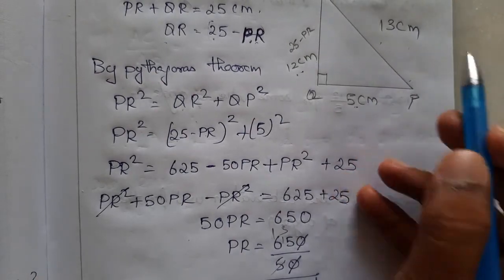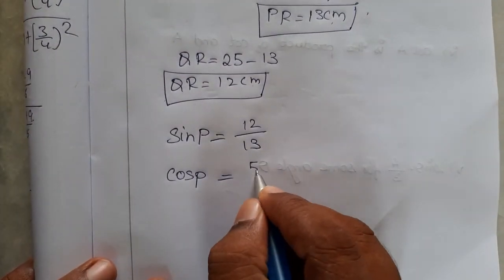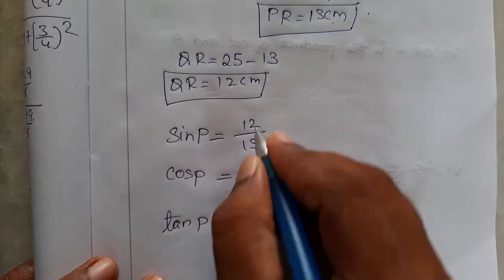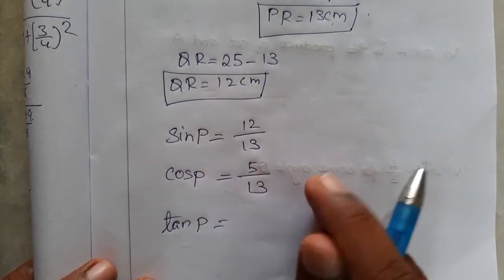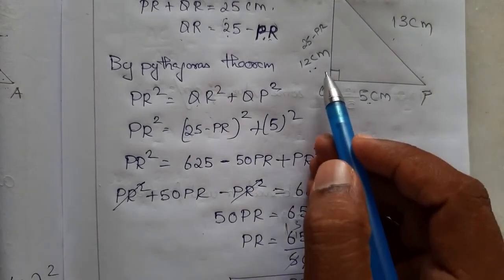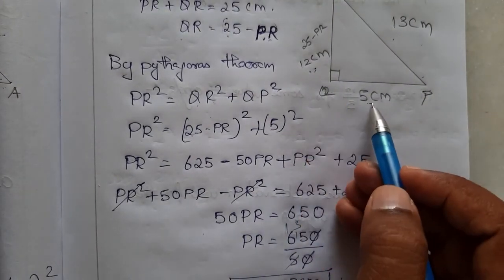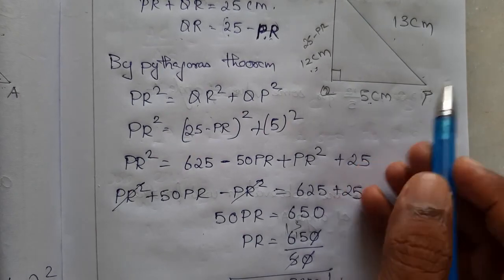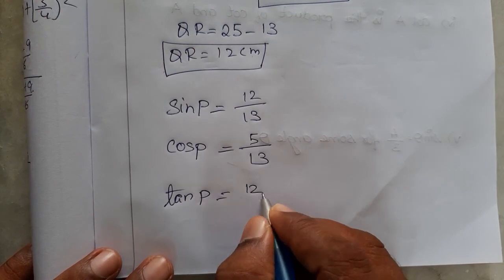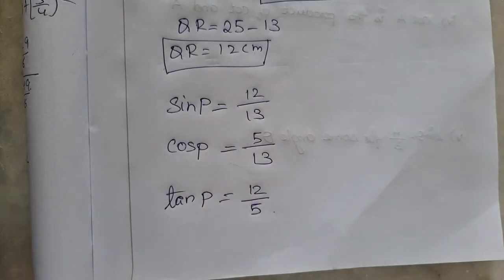Adjacent is 5, so 5 by 13. And the last one is tan P. Tan P we can say is sin P by cos P, 12 by 5. Even we can check here, opposite by adjacent: opposite is 12 and adjacent is 5, so it is 12 by 5. Thank you.